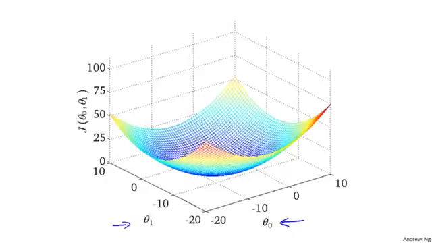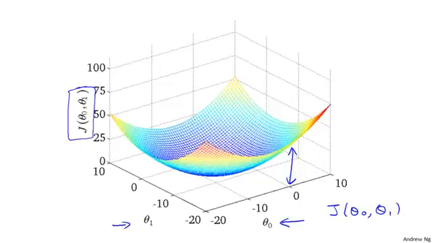As you vary theta 0 and theta 1, the two parameters, you get different values of the cost function J of theta 0, theta 1, and the height of this surface above a particular point of theta 0, theta 1, that's the vertical axis, indicates the value of J of theta 0, theta 1. And you can see it has this bow-like shape.